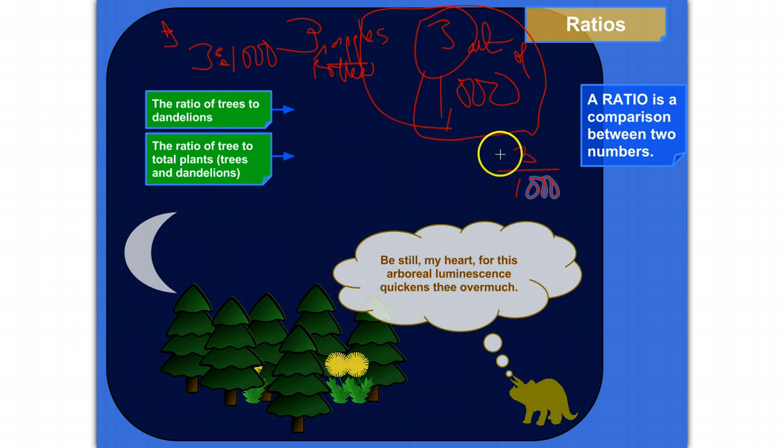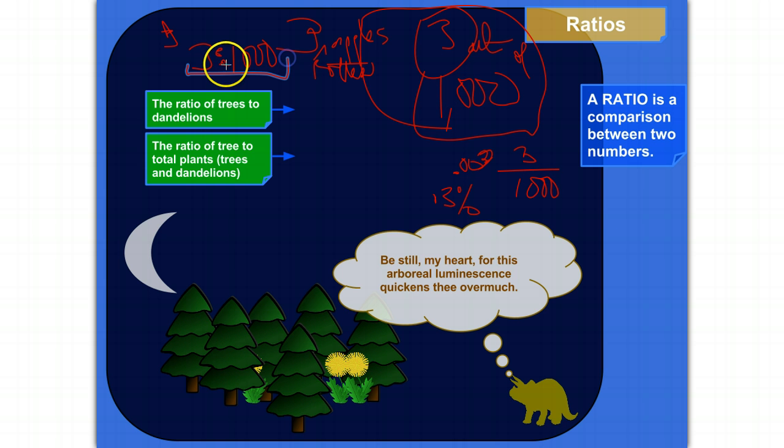We could write it as a decimal, 0.003. It's a 3 in the thousandths place, a 3 out of 1,000. We call that 0.3%. Those are different ways of representing ratios.